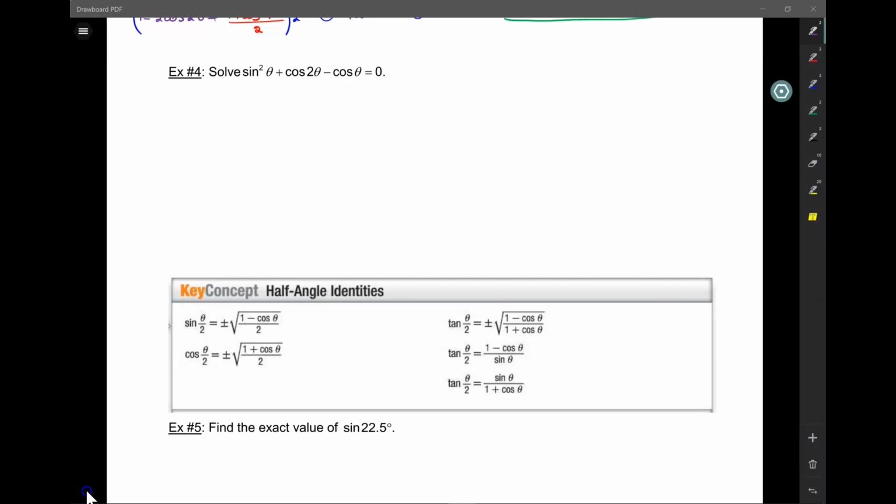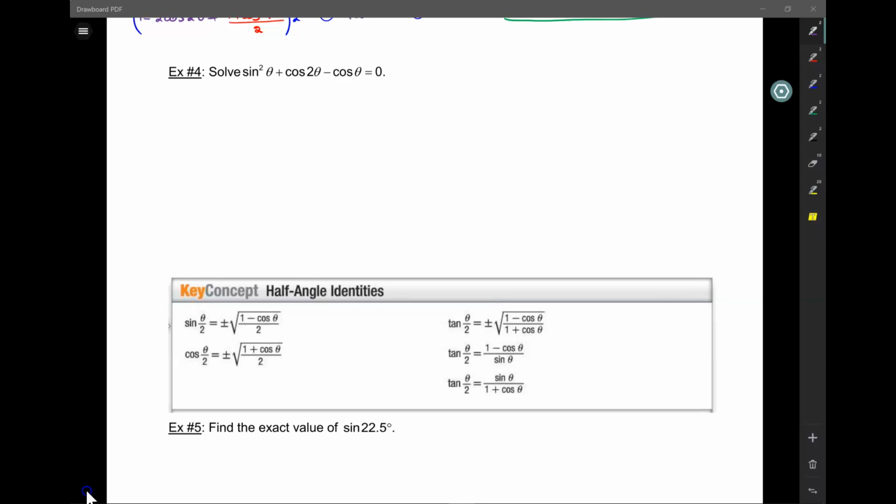So in that example, it says sine squared theta plus cosine 2 theta minus cosine theta. The issue with that one is not only do I have a sine mixed in with the cosines, but I also have a 2 theta mixed in with a single theta.